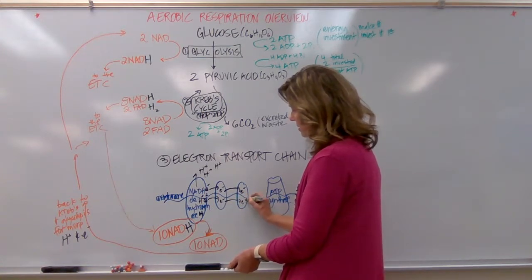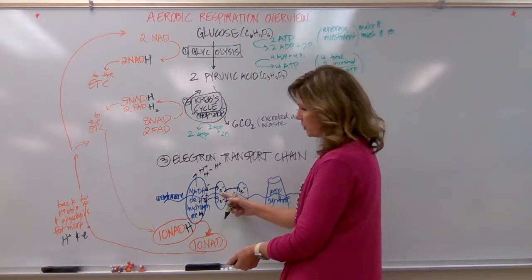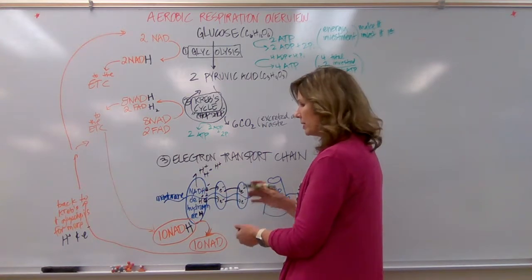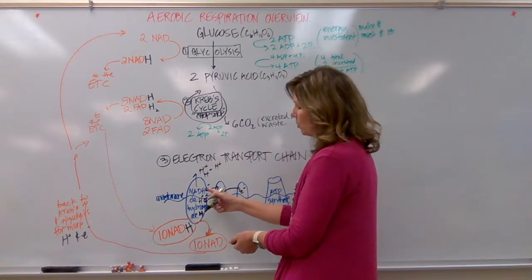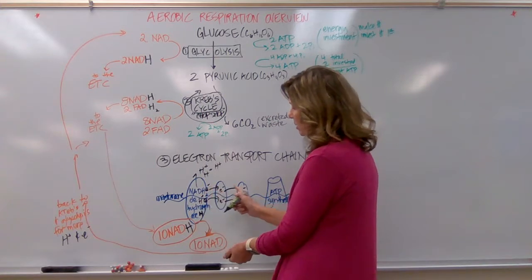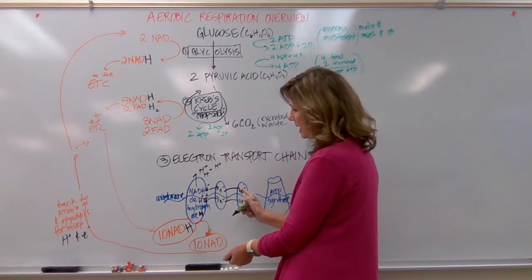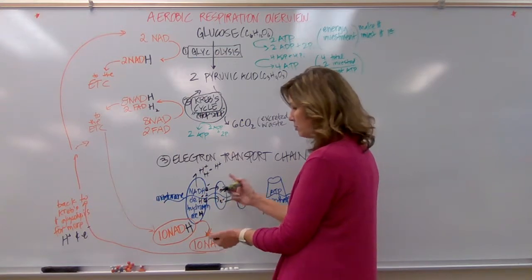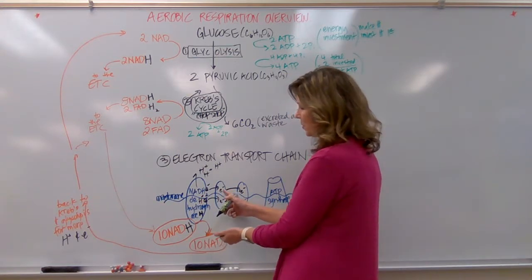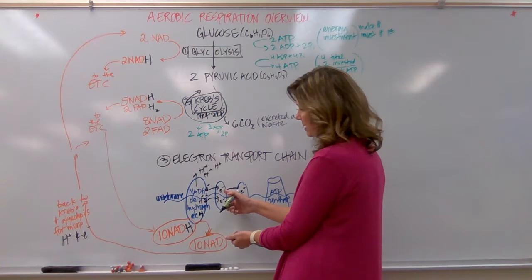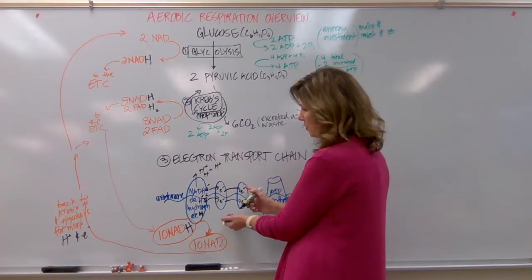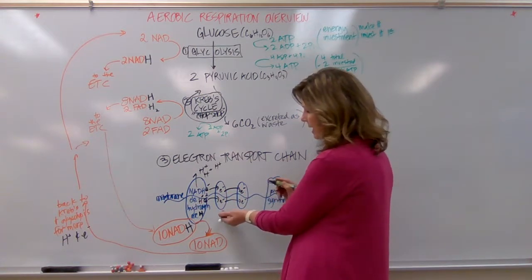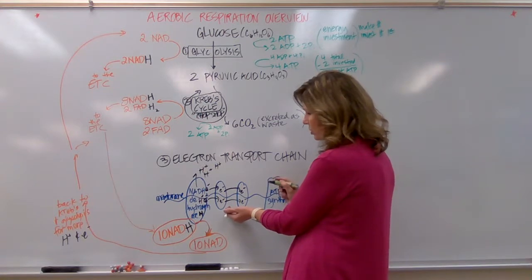That next one is reduced, and now this one is oxidized. It's kind of like a person playing catch, or sandbags that are being passed down. Whoever has the sandbag or the ball is reduced. They have more potential, versus when they give it away, now they are oxidized, less potential, but the next molecule has that extra potential or extra energy.